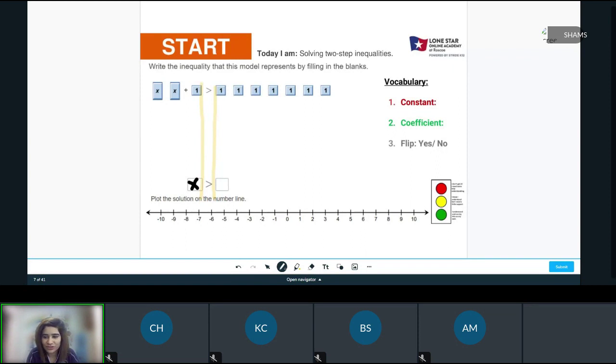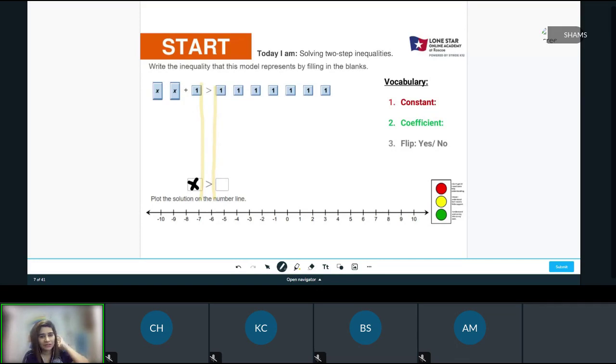Over here, this particular symbol is greater than. You substituted a 5 for x. Now it makes sense to me. So you say 10 plus 1 is going to give you the other side. And do not solve yet, Jax.